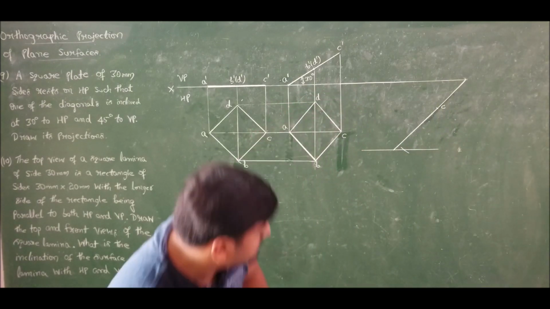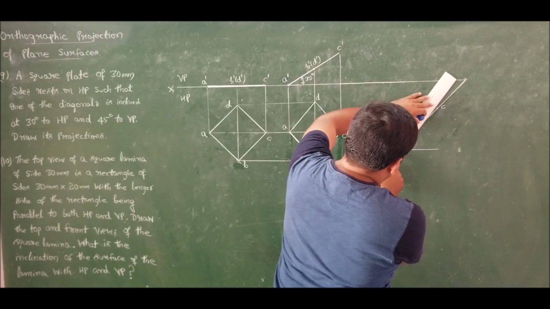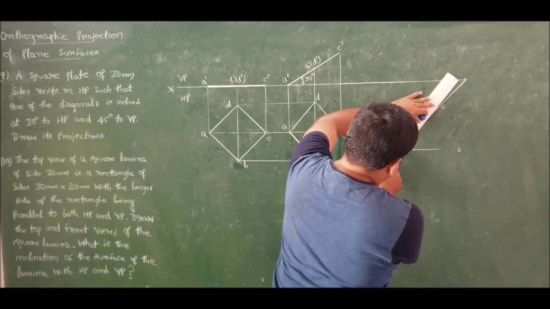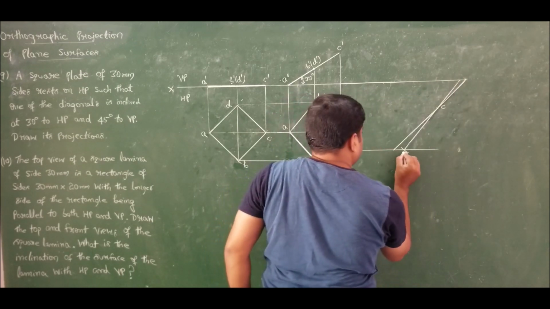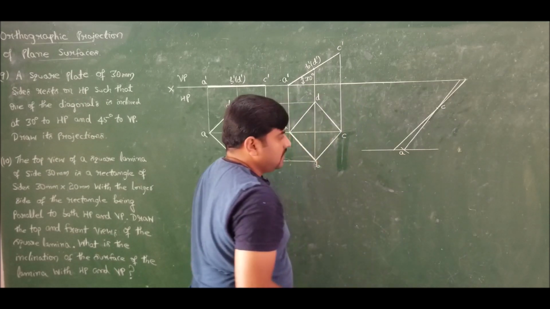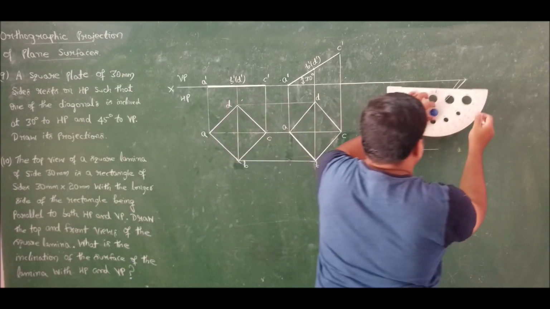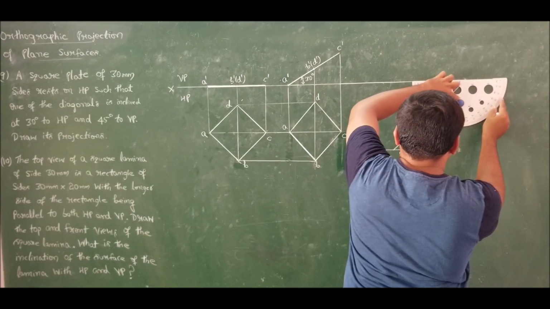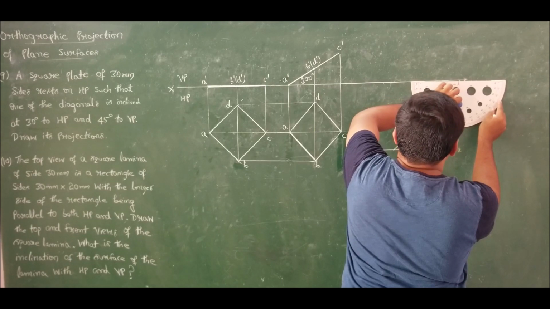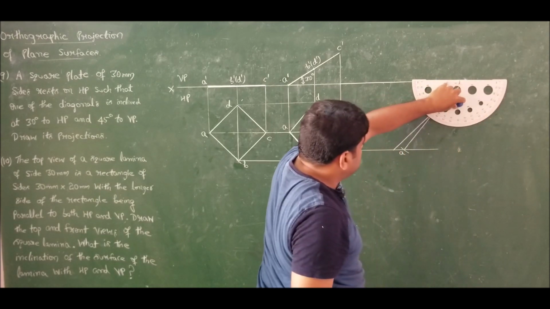Now for this apparent length, I will get the apparent angle, which is beta. Extend it back and measure the angle passing through C, intersecting the XY line. So this is the required AC diagonal, and if I measure the beta angle, it is found to be 55 degrees.